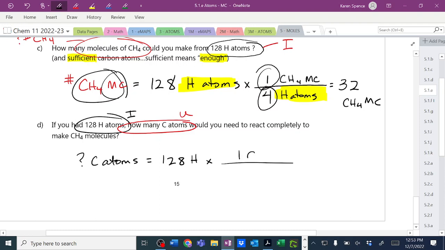Yes, 1 carbon atom for every 4 hydrogen atoms. Okay, and we get 32 carbon atoms.